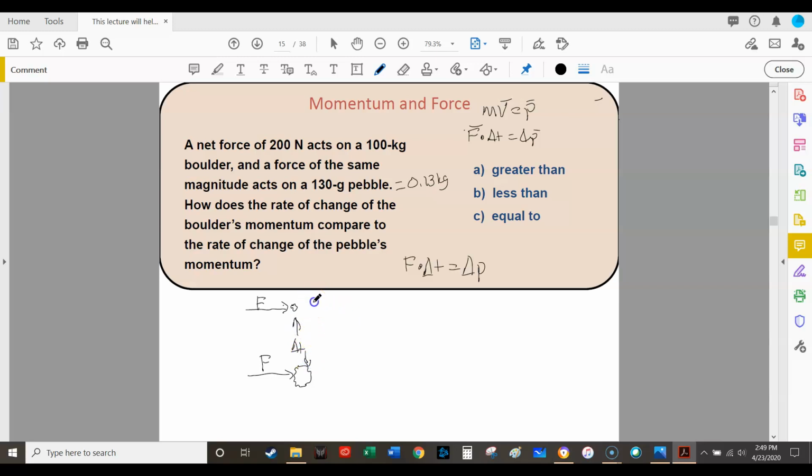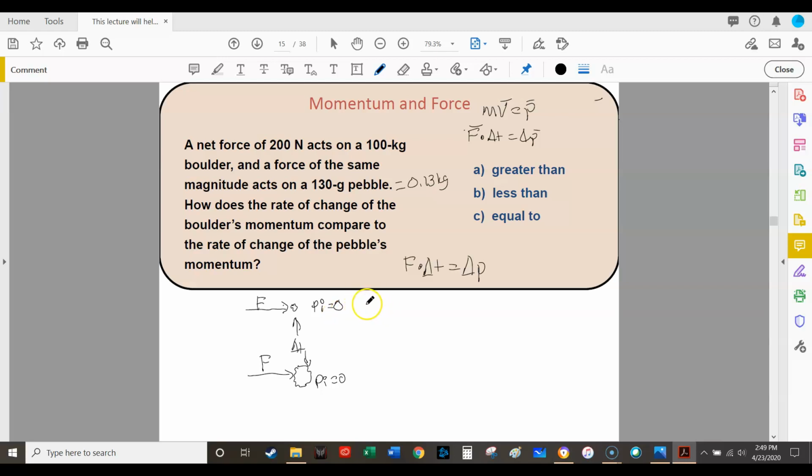And let's say they were at rest at the beginning, correct? Let's just do that. So that means no matter what, their initial momentums are the same. They're zero, only because their velocity is zero.